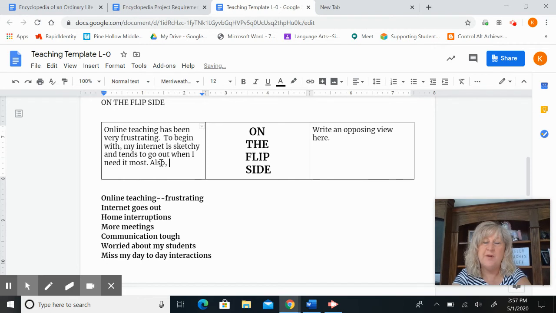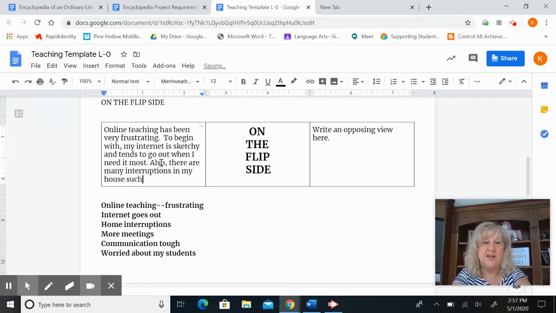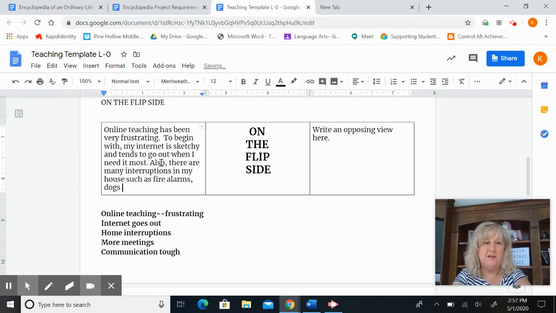Also, comma, another transition word. There are many interruptions in my house, such as fire alarms that went off recently, dogs barking, etc. Okay. In addition, let's see.